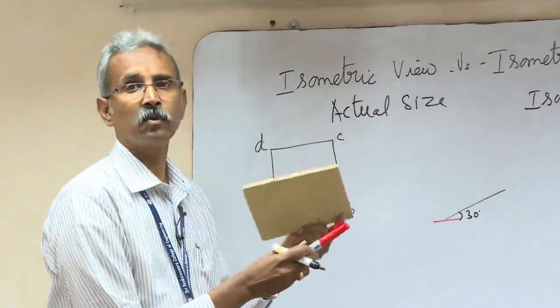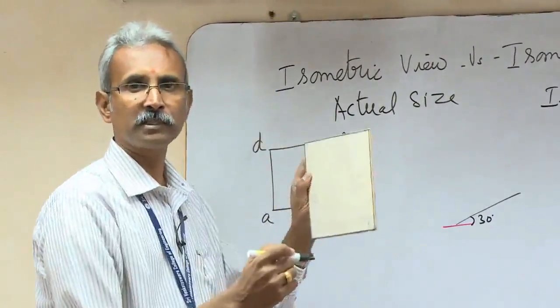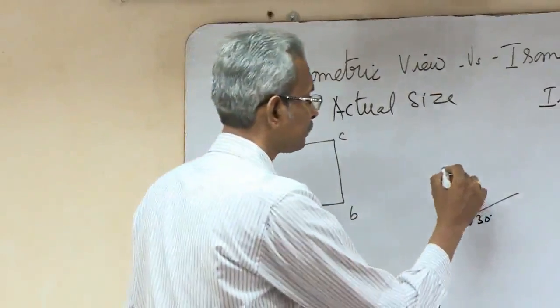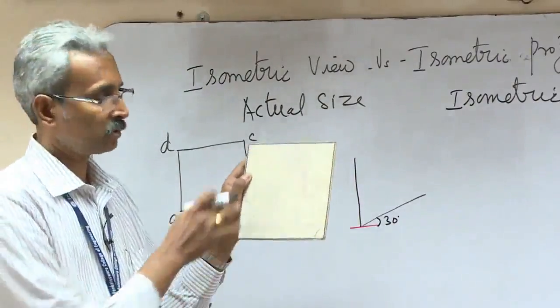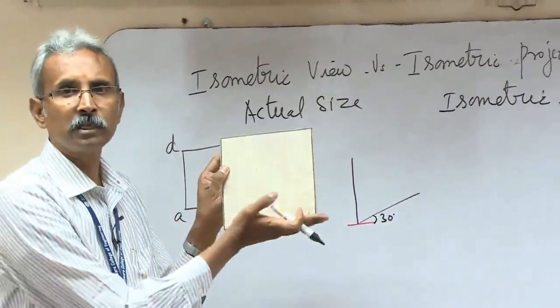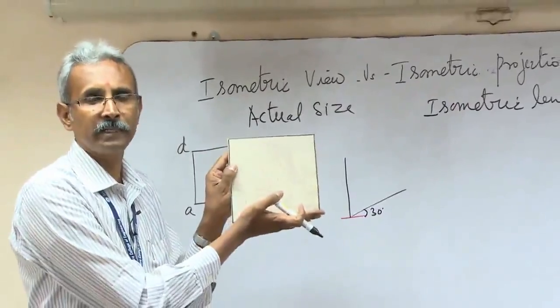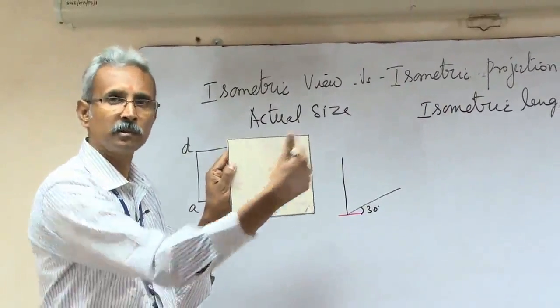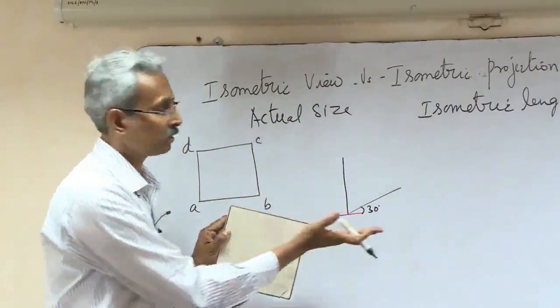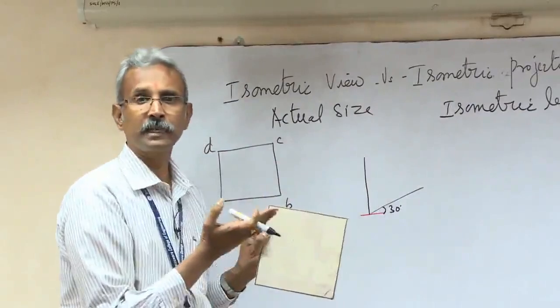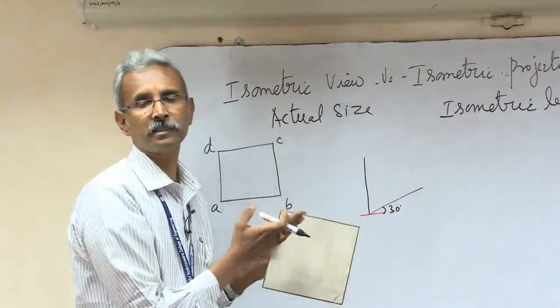So this vertical line, as I told you earlier, the vertical lines always remain vertical, right? So this vertical line I have drawn, and this horizontal one becomes inclined at 30 degrees because I am tilting it, or you are tilting the angle. Now again, as I told you, this is an isometric line because it is inclined at 30 degrees.